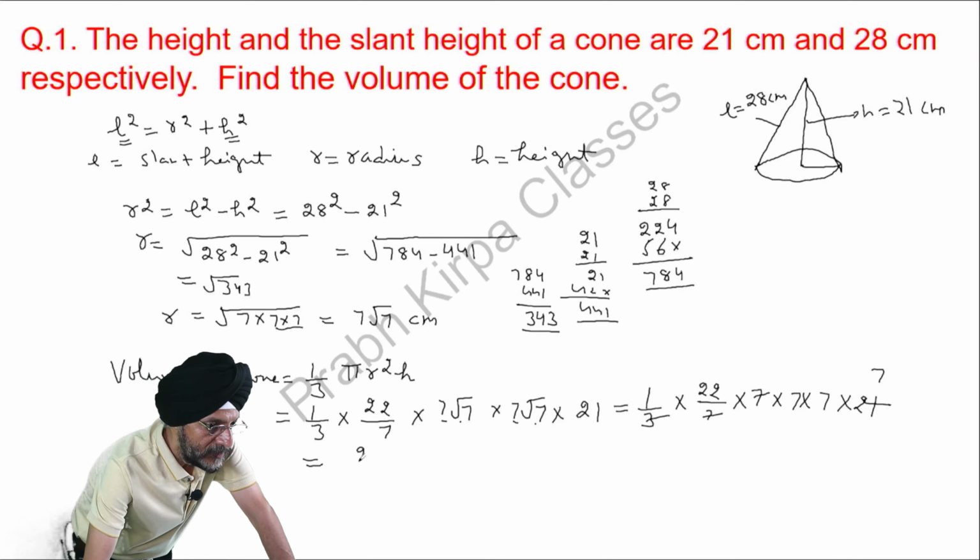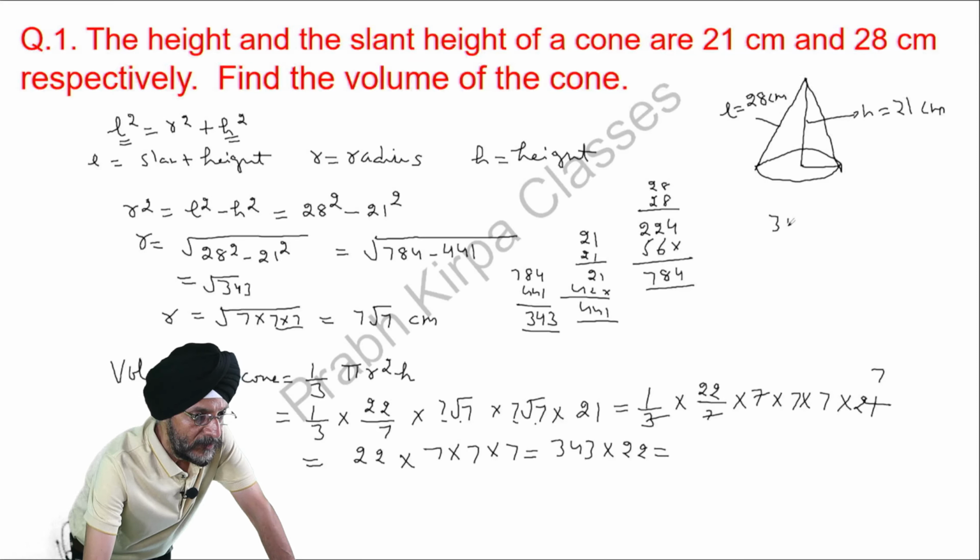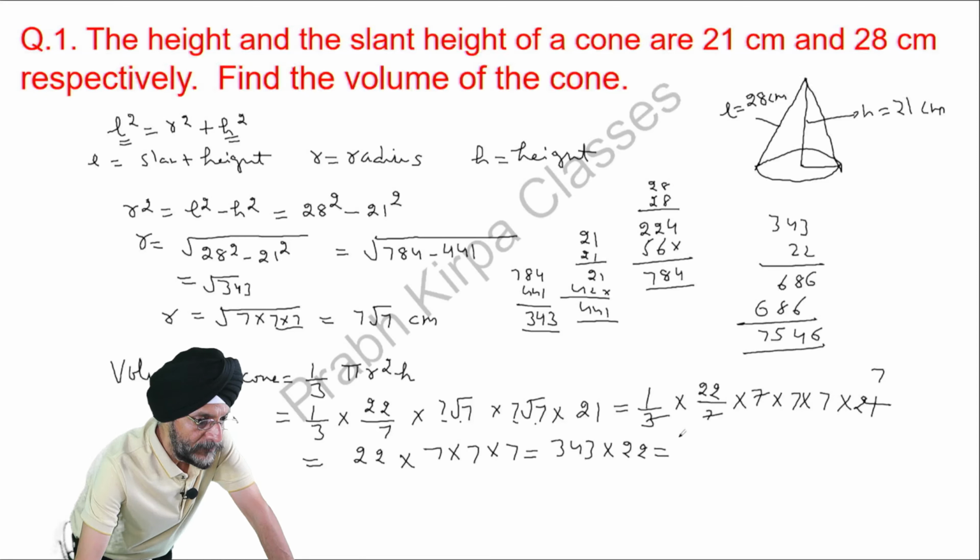So what is balance? 22 into 7 into 7 into 7. 7 into 7 into 7, 3 times 7 we have written, it comes 343 multiplied by 22, which is 7546.